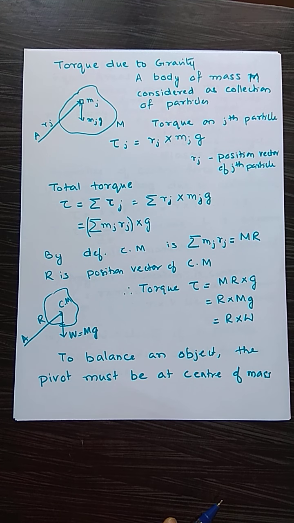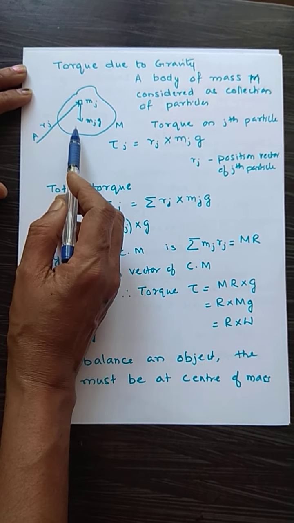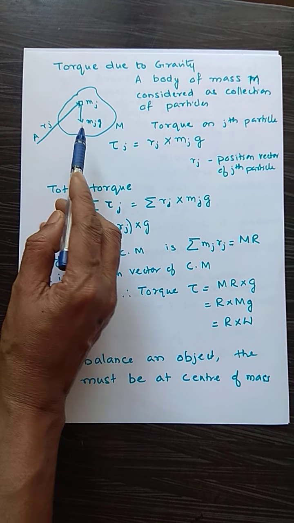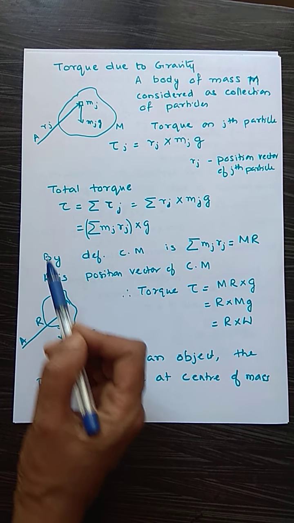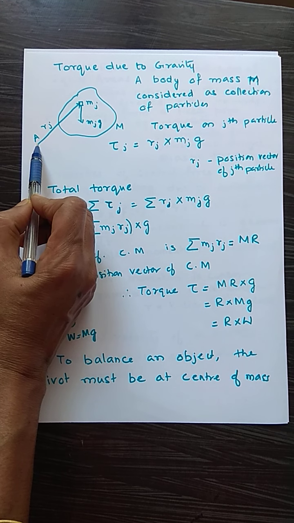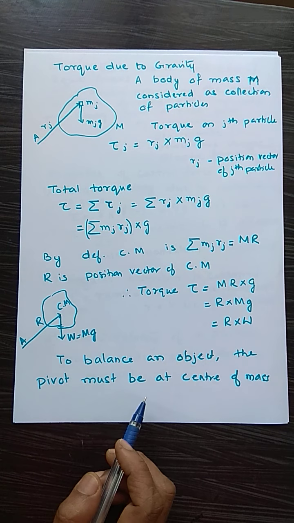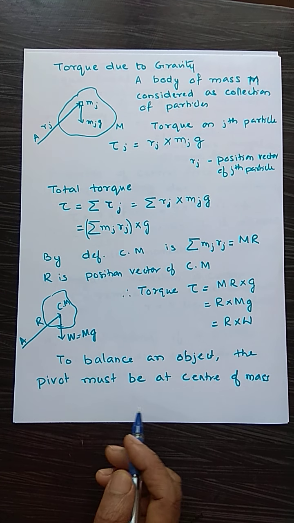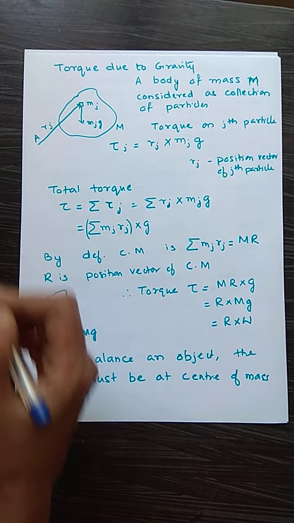Next is torque due to gravity. A body of mass m is considered to be made up of a large number of particles of masses m1, m2, m3, etc., and A is the origin. With respect to that origin, we have to find the torque due to gravity. Objects falling under gravity or rotating under gravity all fall under this case.